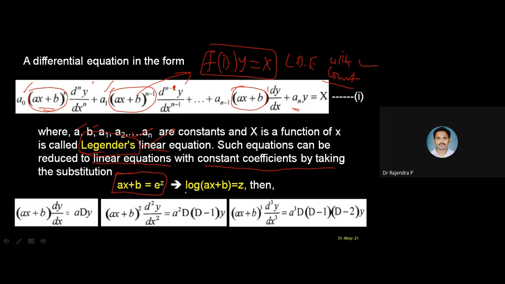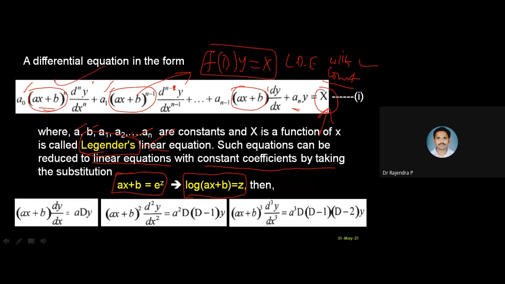If you take this as a substitution, of course, when you apply log on both sides, you will get log of ax plus b is equal to z into log e, and the value of log e is 1, so it will be z only. If you plan to substitute this e power z, do it especially on the right side of the function, don't substitute on the left side.